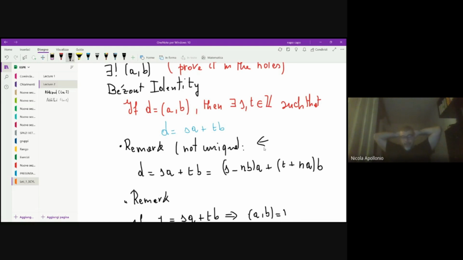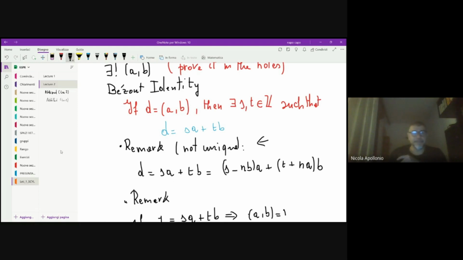So, indeed, the Bezout identity asserts that there is at least one linear combination, but there are actually infinitely many.